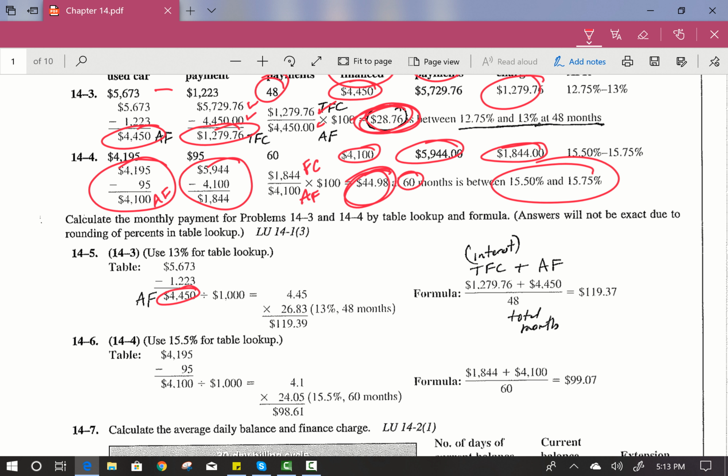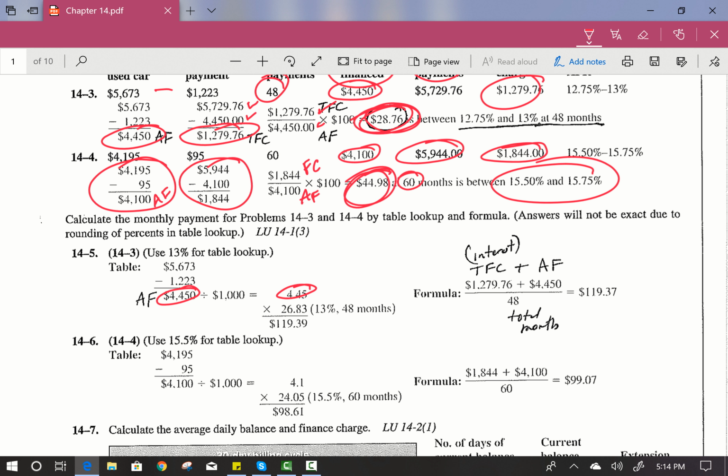In order to find the monthly payment, I'm going to use a table that's based upon $1,000. Previously we took it times 100, but we're going to divide this one by 1,000. And that's going to give us a factor of 4.45. And I'm going to multiply that times the corresponding factor on our table of 13% and 48 months.